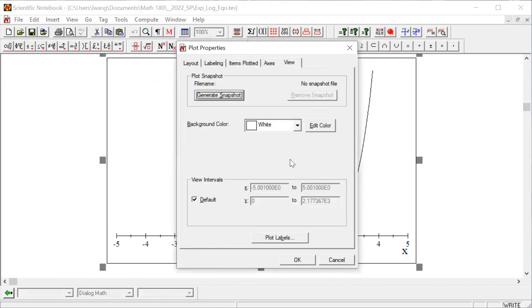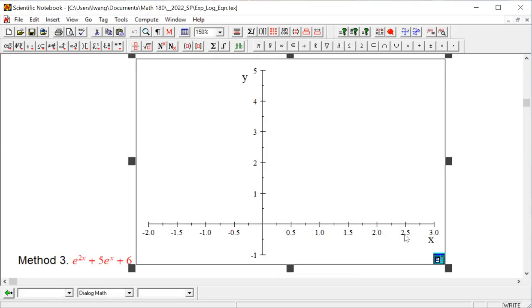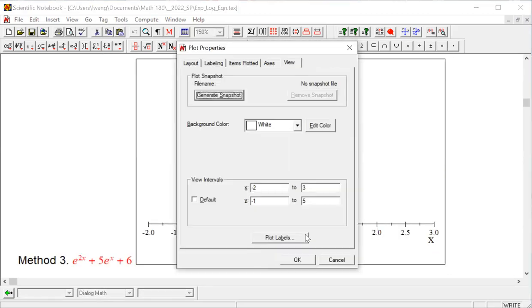So if I make some adjustments, oh my God, it's way above, right?